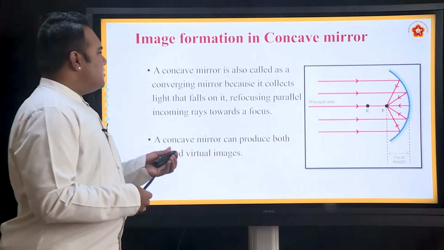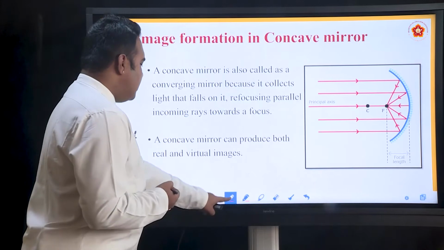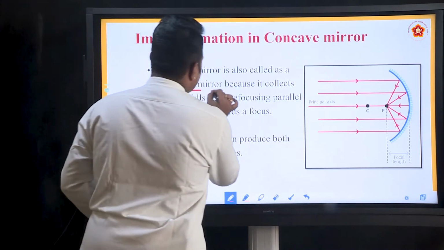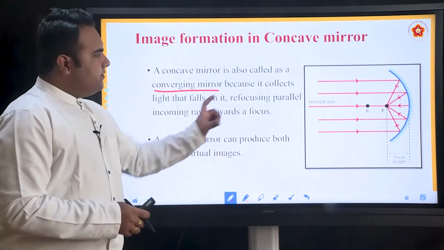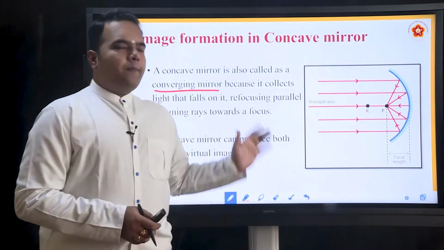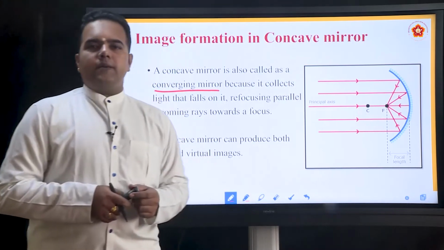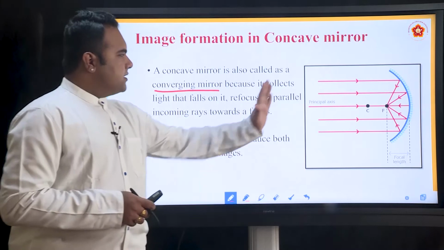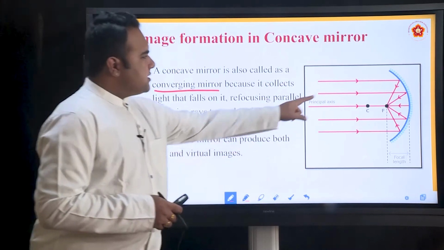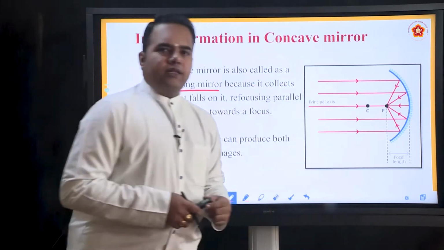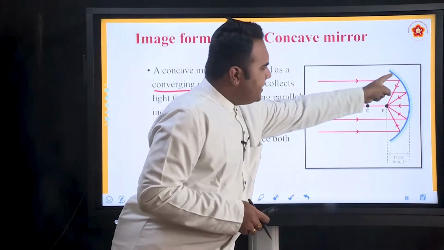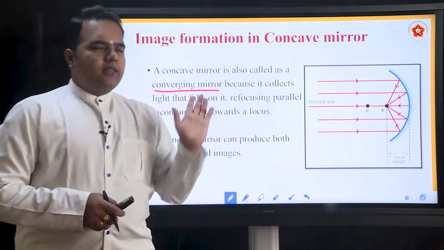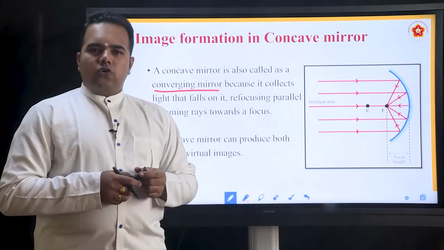All of us know that a concave mirror is also called a converging mirror because it focuses all the parallel rays of light falling on it to a point which is on the same side of the mirror, on the same side as the object. Because of the curvature of the mirror, which is bent inwards, this is the reflecting side, and the other side of the mirror is coated.